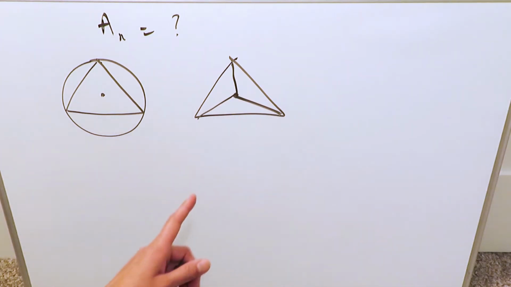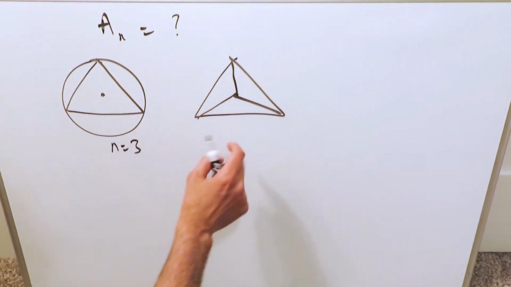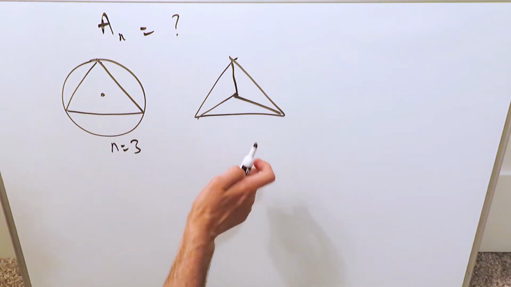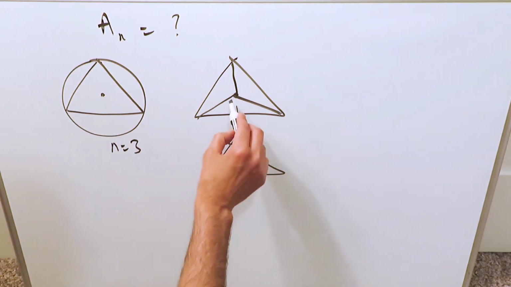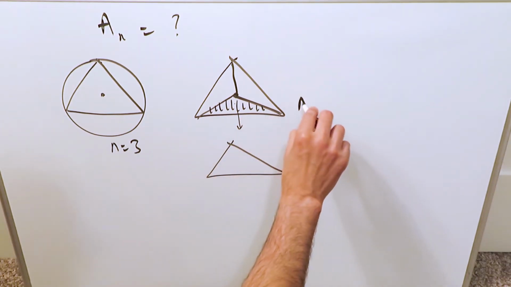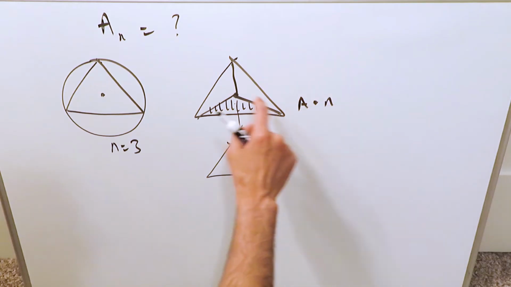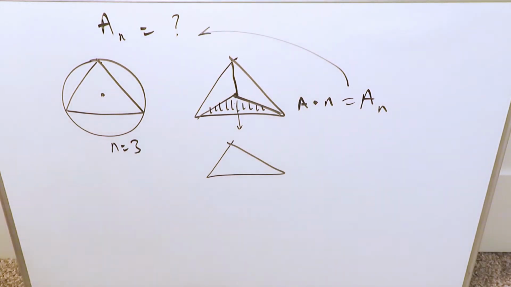And as I've told you, you're splitting each of these inscribed polygons into equal number of triangles, which is equal to your n value, the number of sides. Here I have 3 triangles, I have 3 sides. Just look at one of these triangles and pluck it out right over here. This right here is this. If I can determine the area of one of these, all I have to do is multiply that area times the number of n triangles, and I'll have my area n, which is exactly what I have.